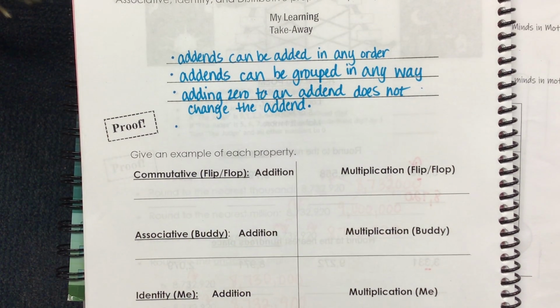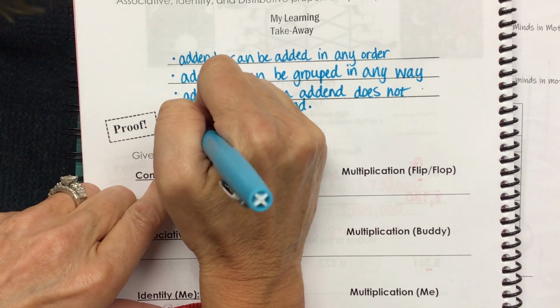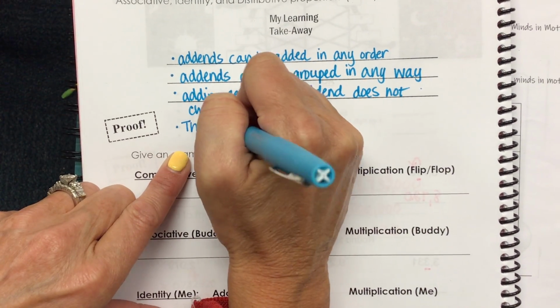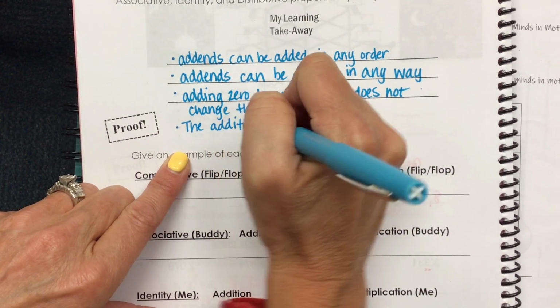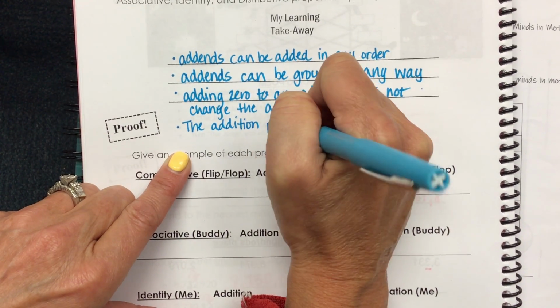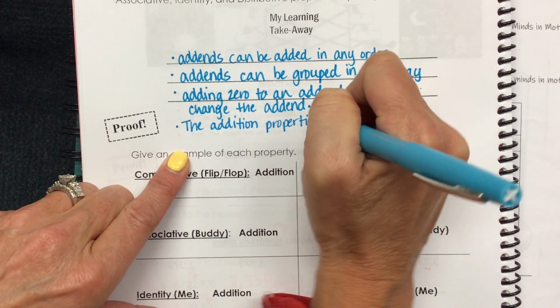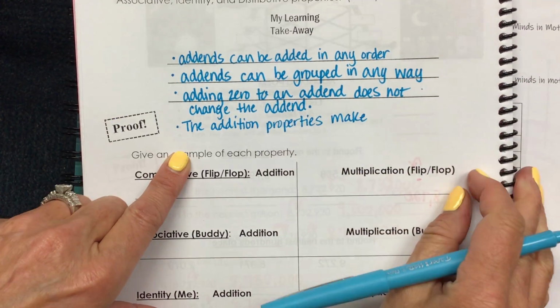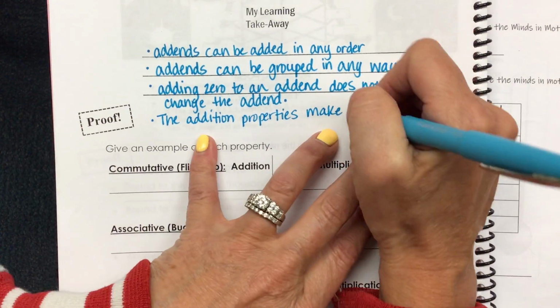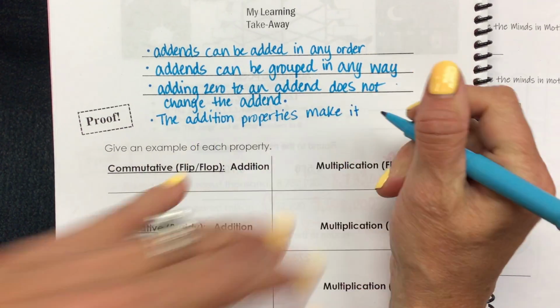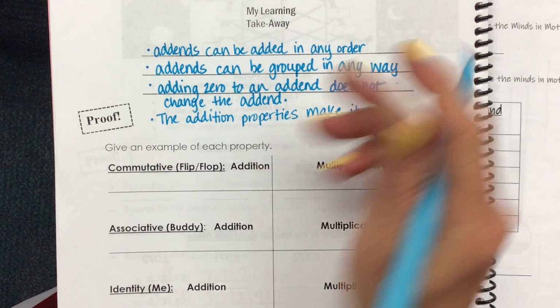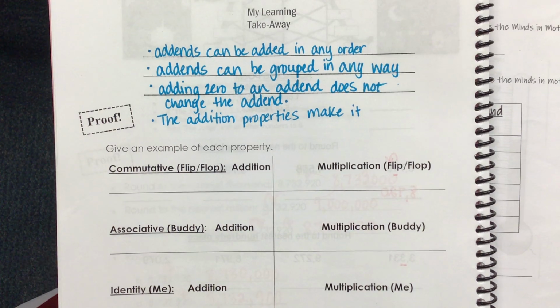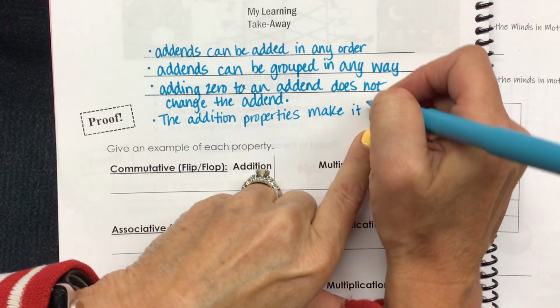Remember we talked about why we would group certain numbers together? Oh, so it's easier to add. Right, the addition properties make it easier to add. We put numbers together that are easy to add, and that helps us. A lot of times if we can get to numbers that add up to 10, that makes adding them easier.